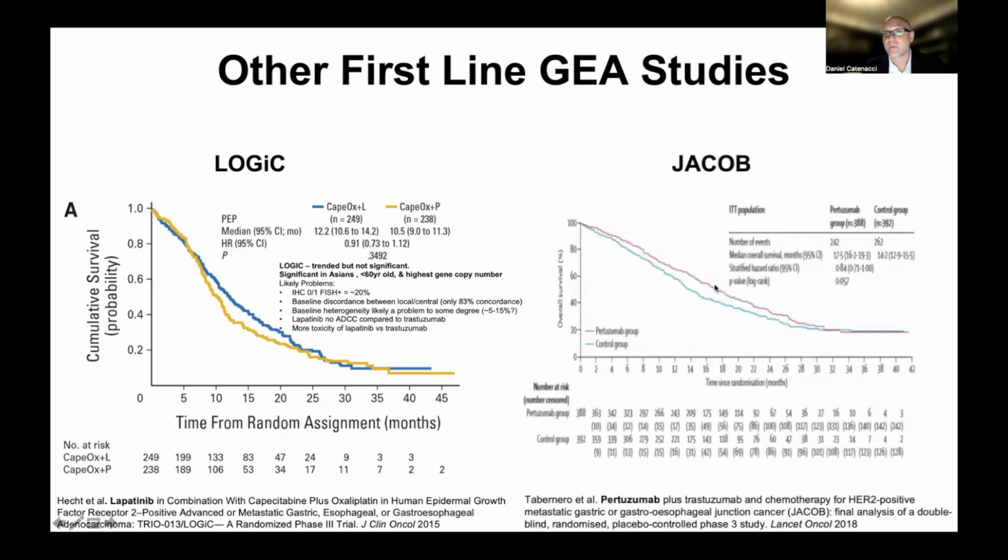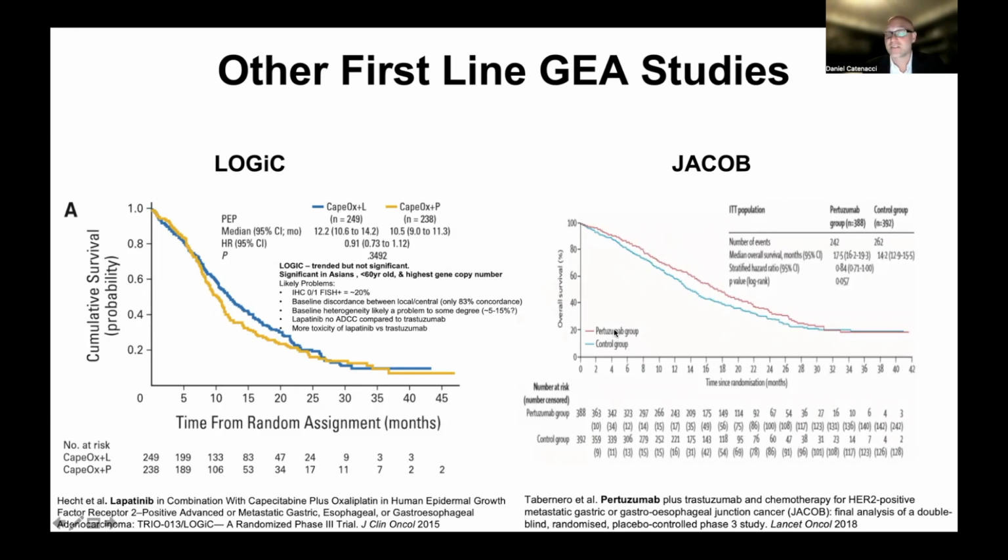In addition, there was a study called the JACOB study that was looking at pertuzumab, an antibody, remember, that binds to HER3 and blocks the binding of HER3 and HER2, the dimerization that then leads to cell signaling internally. And so this drug, as with lapatinib, was showing benefit in HER2 positive breast cancer.